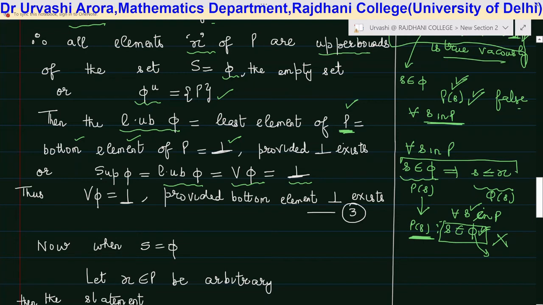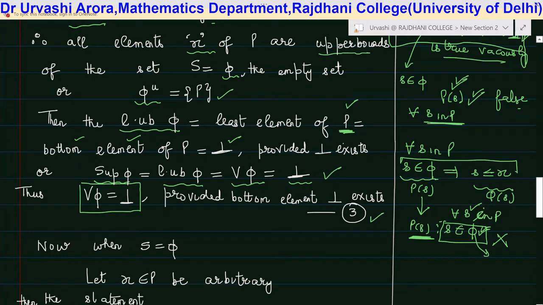The least upper bound is also called the supremum of phi. So the supremum of phi, or least upper bound of phi, or the join of phi will be the bottom element of P, which is the inverted T, provided the bottom element exists. Which means that another important conclusion we have from here is that join of phi is equal to the bottom element inverted T, provided the bottom element inverted T exists. So this conclusion we have marked as 3.